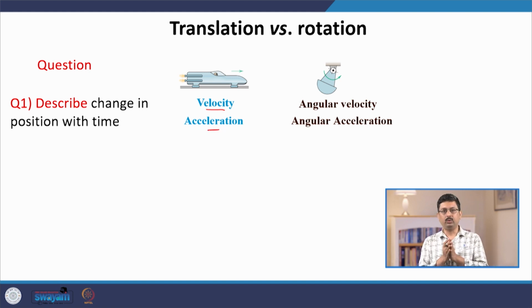Now, for the rotation, instead of displacement, we monitor the angular change, the change in angle, and we monitor the rate of change of the angle, which is given by the angular velocity, and similarly angular acceleration.